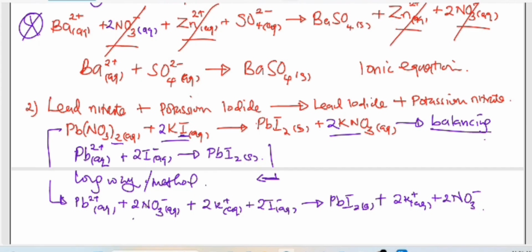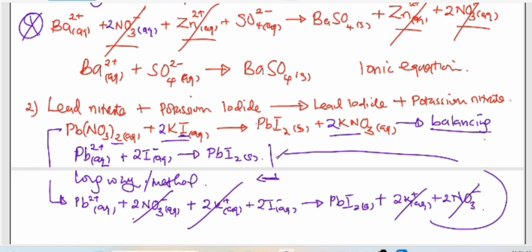So if you look at this one, you'll find that this one did not change, this one did not change, so you cancel them, then this one will lead you to this equation here.